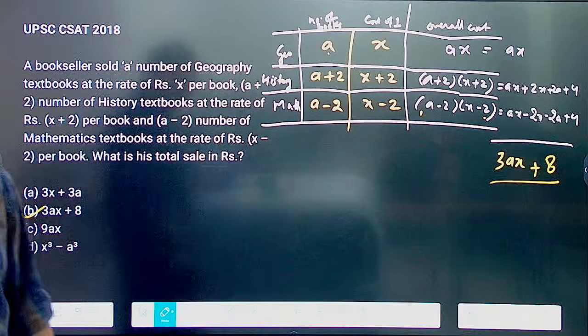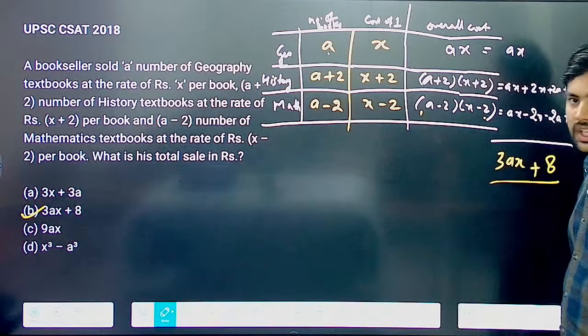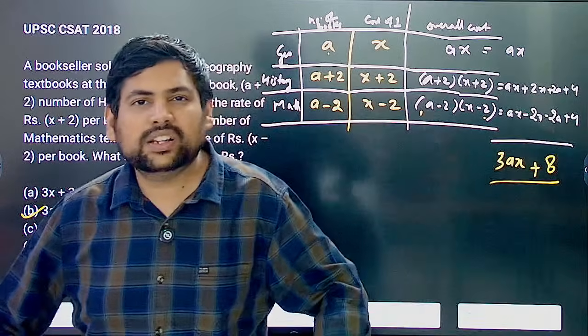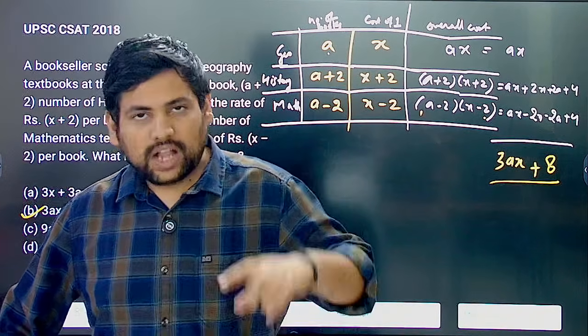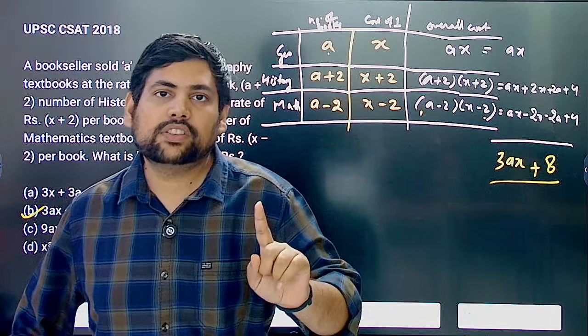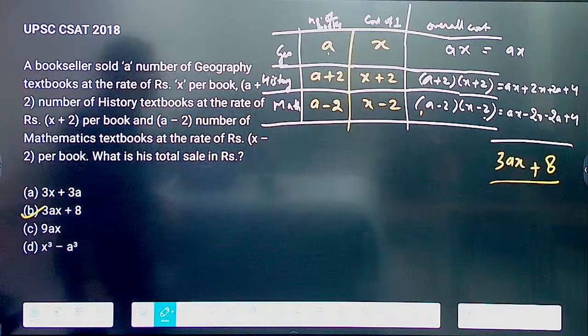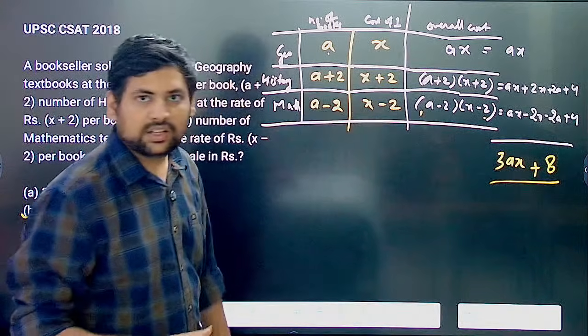Now see how you could have done this orally. Like in that question I told you 100 plus k, 100 minus k, correct? In that question 2025, how we were looking at the power of k and 10, correct? Similarly you could do here also. So you see that there is x plus 2, a minus 2, x minus 2.